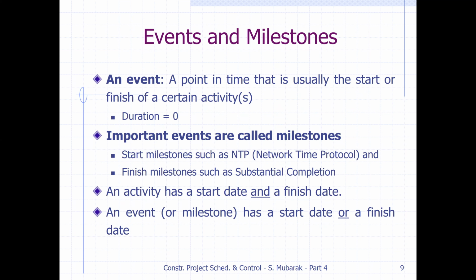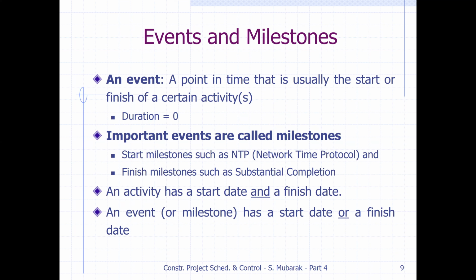So we discussed the definition of the activity. Let's move next to events and milestones. An event is a point in time that is usually the start or finish of a certain activity. So an event is the start point or the finish point of the activity.